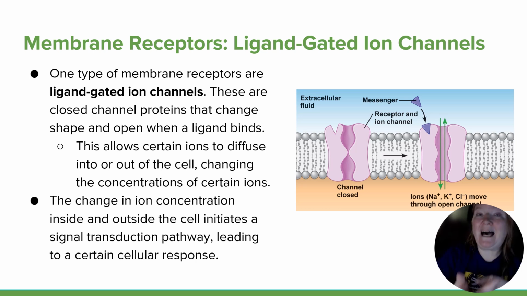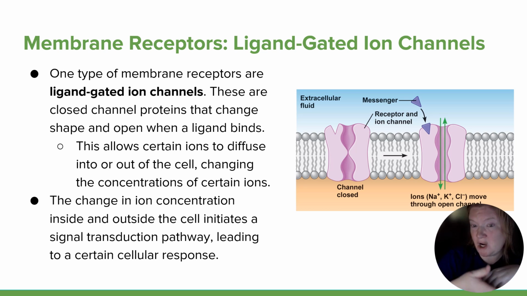Now we have ligand-gated ion channels. This is the other type. These are closed channel proteins, but they're going to change shape when that ligand binds. Remember, that's talking about that allosteric interaction. When it changes shape, it allows ions to diffuse either into or out of the cell.